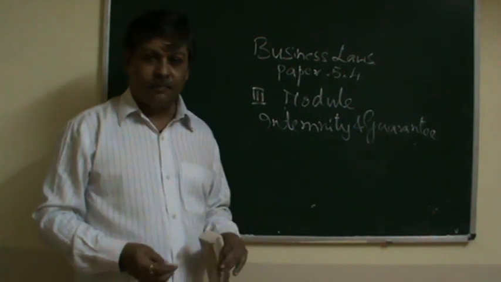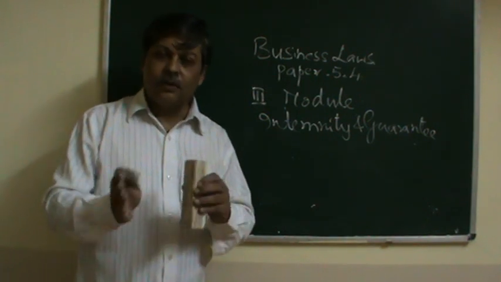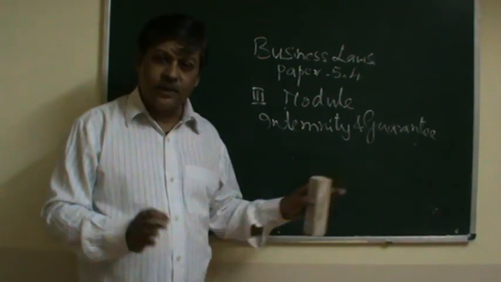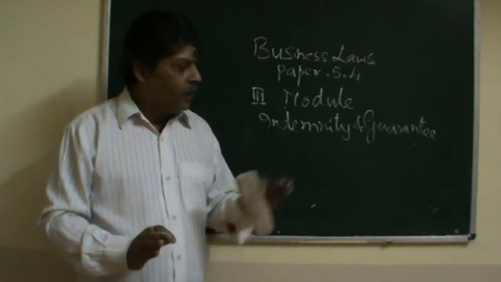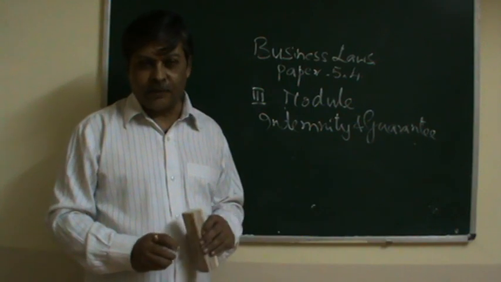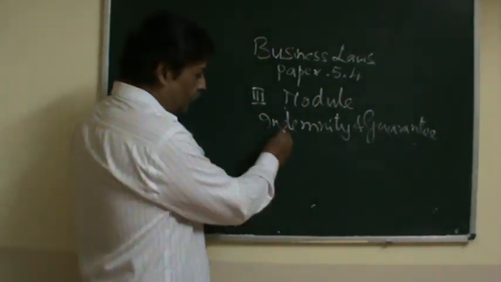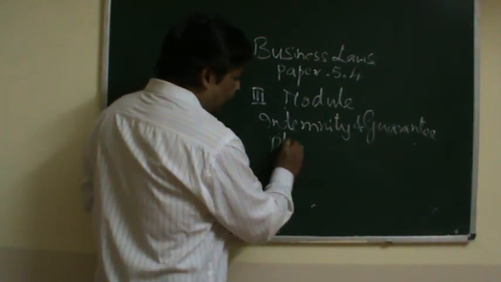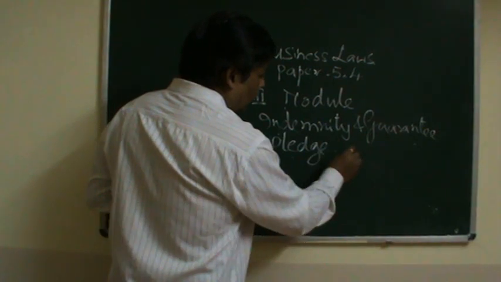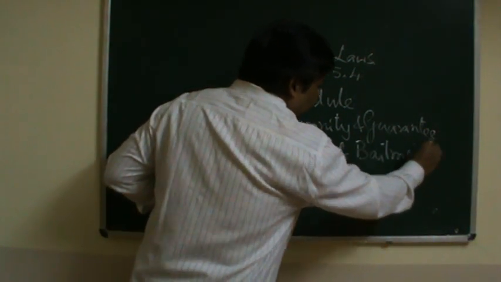The first type of specific contract we are discussing now. The law relating to indemnity and guarantee is covered in the Indian Contract Act, 1872 itself. Then we have got pledge and bailment.